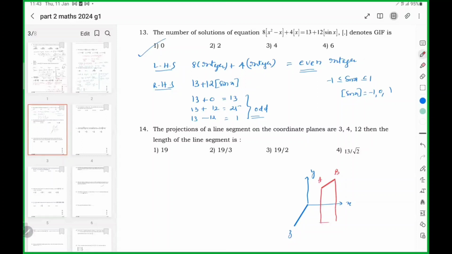So it is the XY plane. Projection of AB in the XY plane is EF, which is denoted with this dxy. So for the XY plane, we have a perpendicular K.